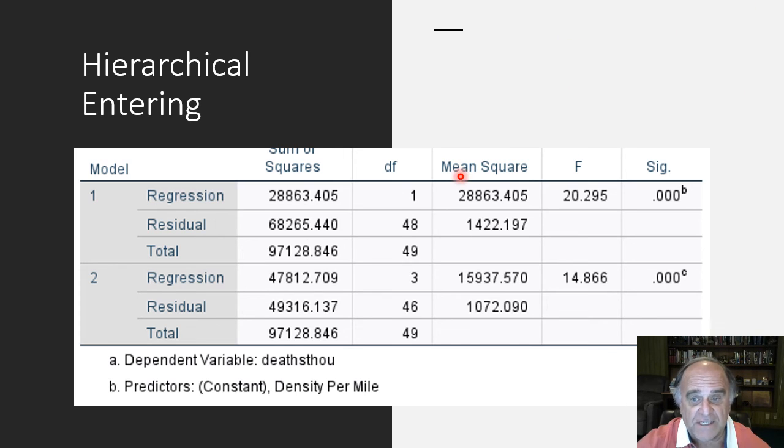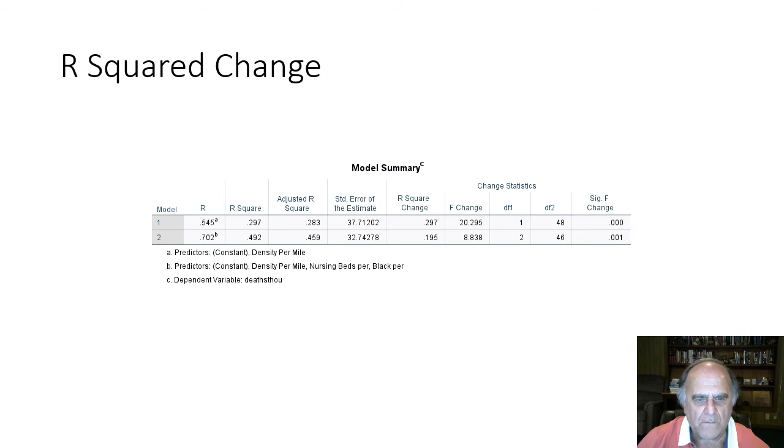And again, you can see, of course, the sum of squares, the degrees of freedom, the mean squares. The F ratios, again, are simply the mean square for regression divided by the mean square residual. And then in both cases, it's significant, 0.000. The models are significant in both cases, and that's with the hierarchical entering. This is now the R-squared change again for the 2 models.